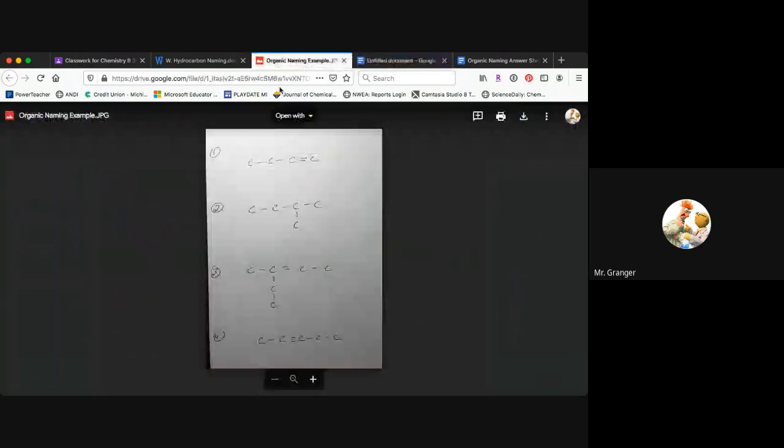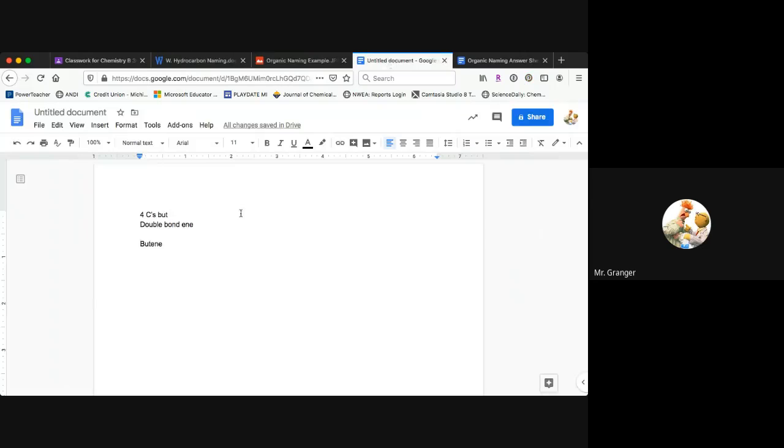If we look at our example, it would be right after this first carbon. We have to number these so the double or triple bond is at the lowest possible number. That is a rule we need to keep in mind. So this would be 1-butene, for example number 1 on our example sheet today.